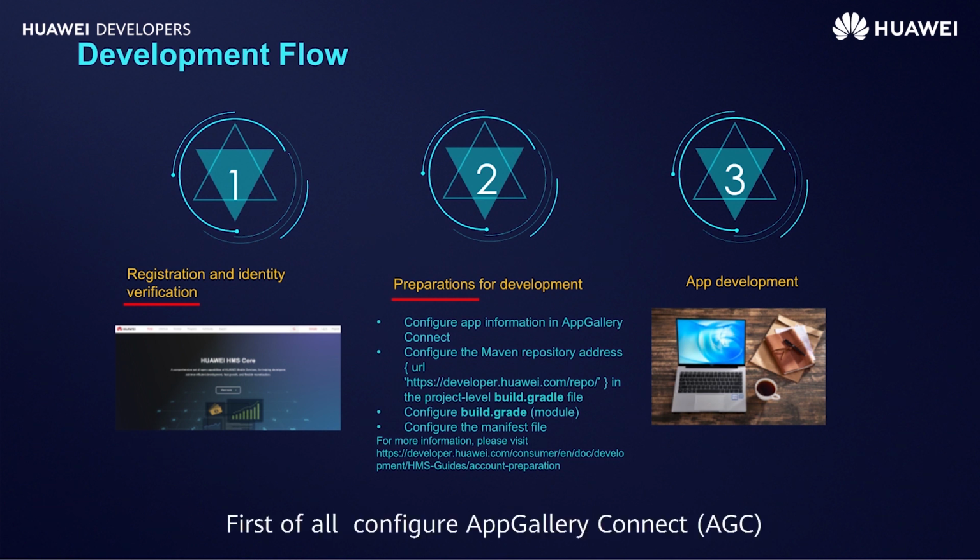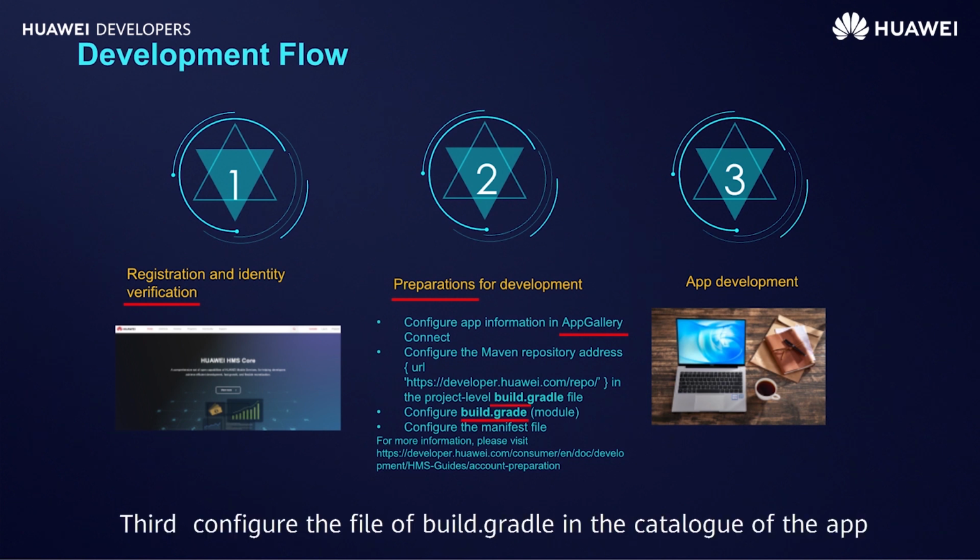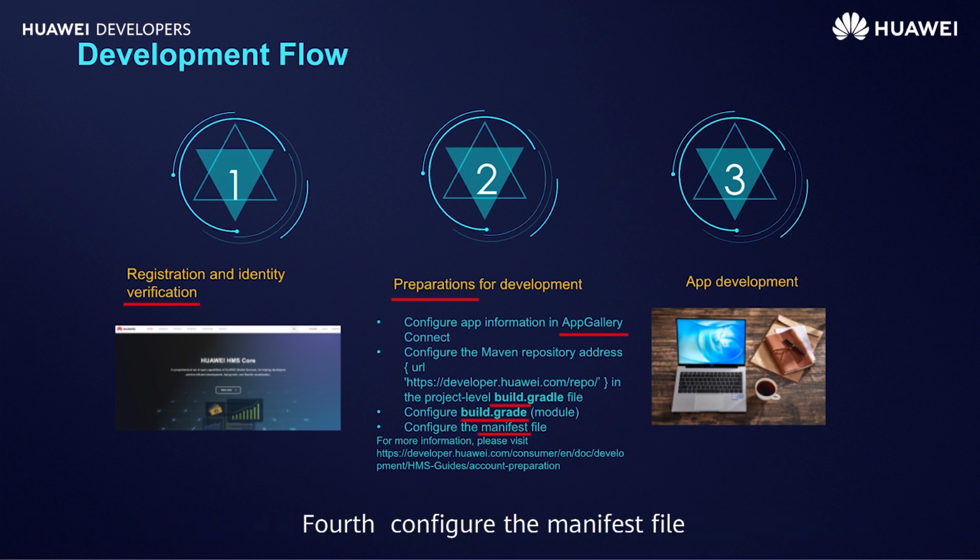First of all, configure AppGallery Connect AGC. Second, add Huawei's Maven repository to the project build Gradle file. Third, configure the build Gradle file in the directory of the app. Fourth, configure the manifest file. Detailed steps can be seen in the official website of Huawei Developers.